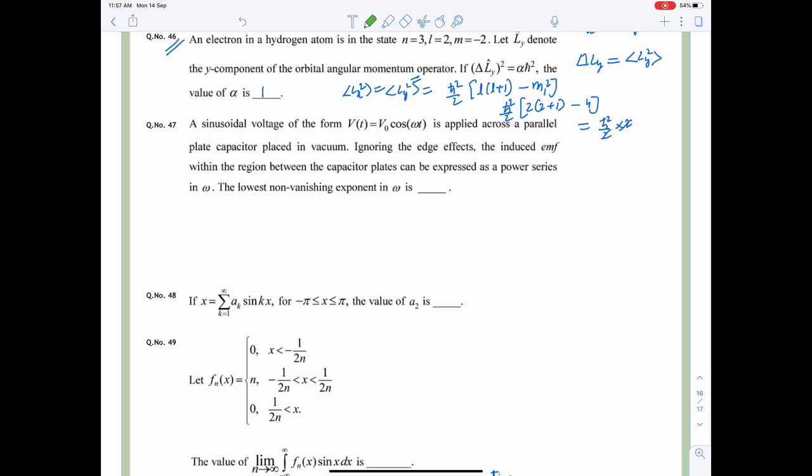You will calculate the EMF first, and from that EMF you have to tell the first non-vanishing exponent, that is the first non-vanishing power of omega.